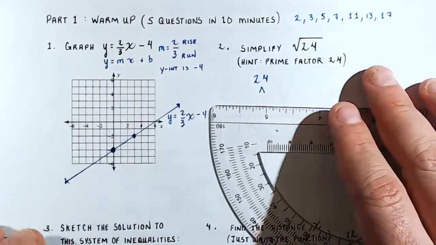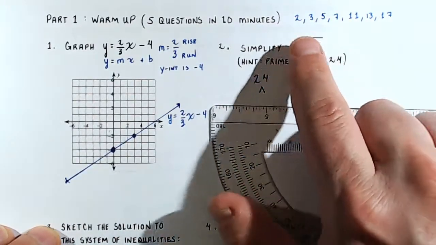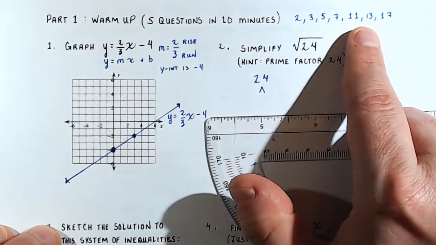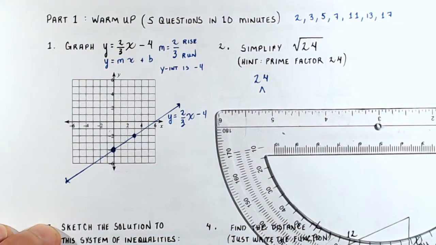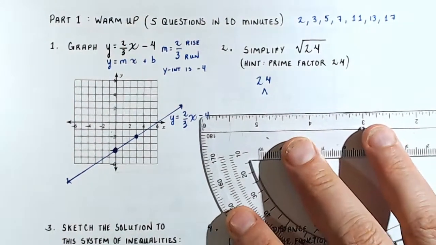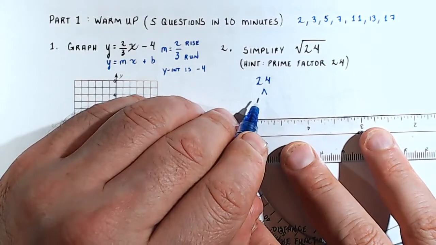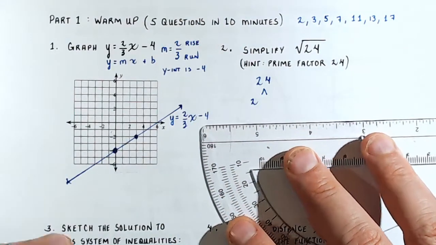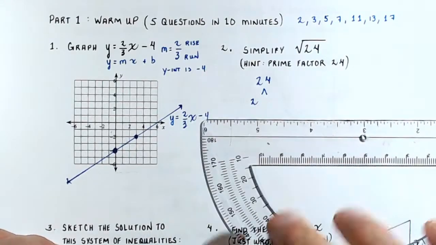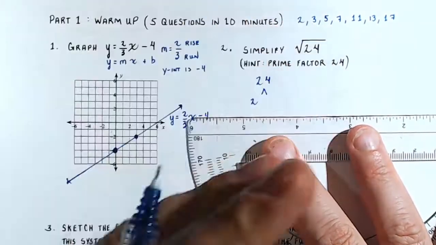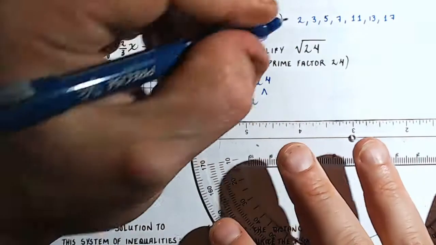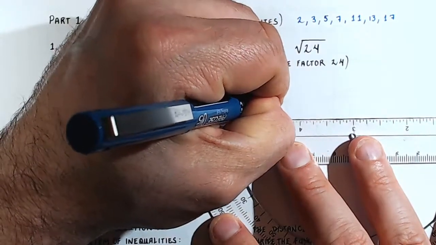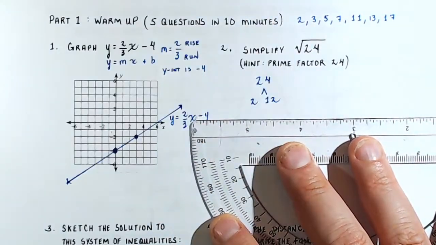And the way that we're coming up with these numbers is that they can only be divided by themselves and 1. That's what makes them a prime number. So the smallest prime number 24 can be divided evenly into is 2. Now we're looking for the partner that goes with 2, the thing that would multiply by 2 to get 24. So that would be 2 times 12. 2 times 12 is 24.